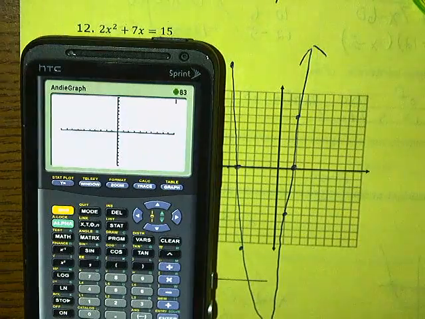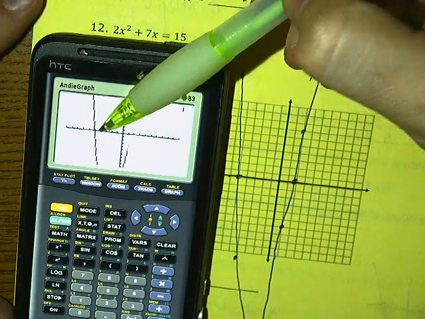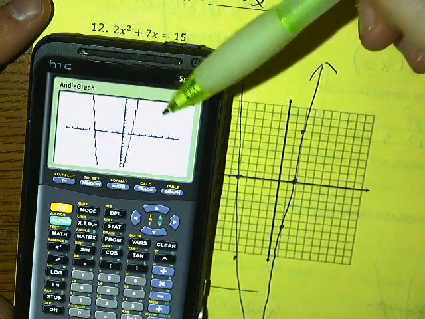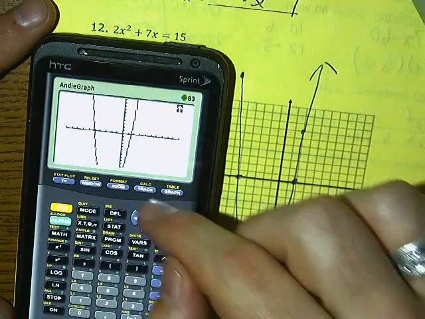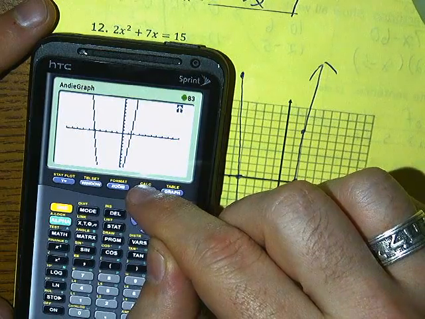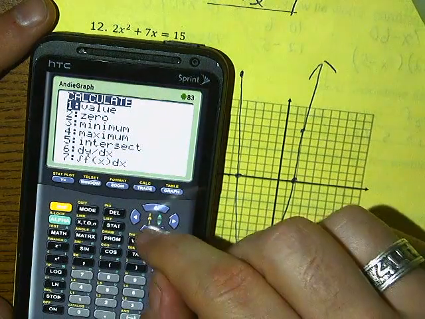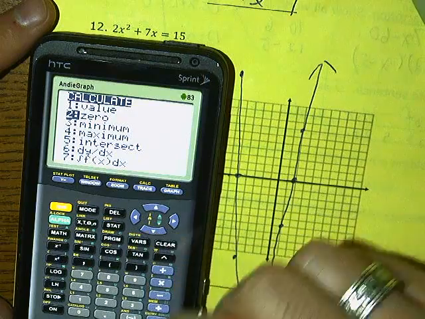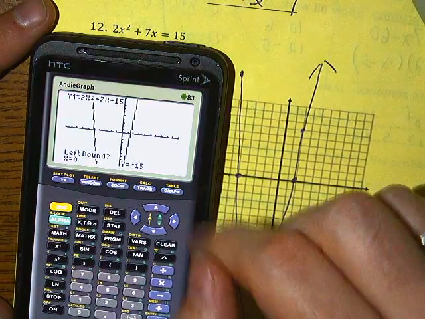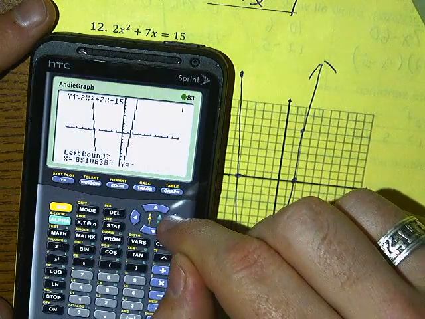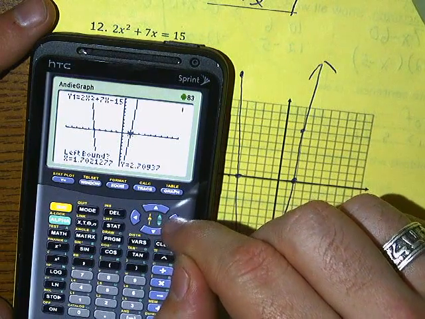Once we've got it in there, we can look at the graph. We can see, okay, you got negative 5, it crosses there, and somewhere between 1 and 2. Well, let's go to second, trace, and we go to option 2, which is 0. We're looking for the 0 or the x-intercept.